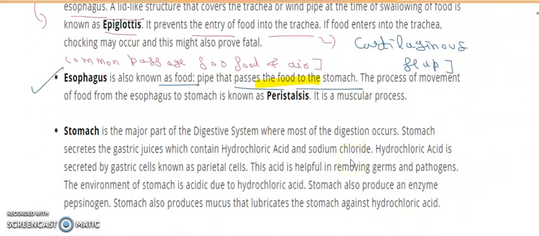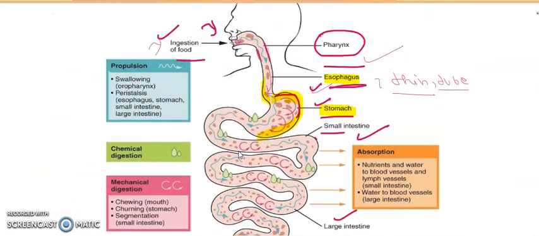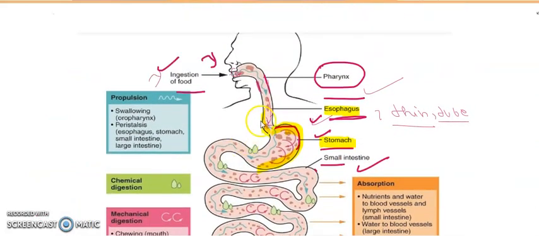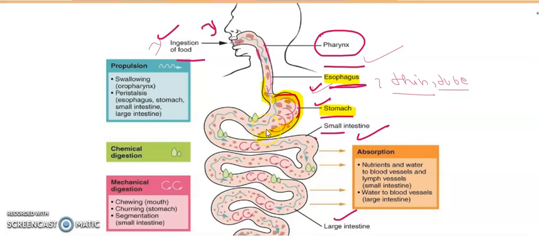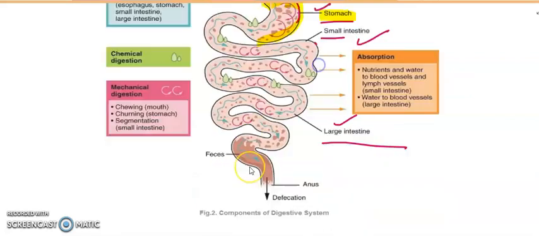The process of movement of food from the esophagus to the stomach is called peristalsis. Very important term. What is peristalsis? It is a muscular process.